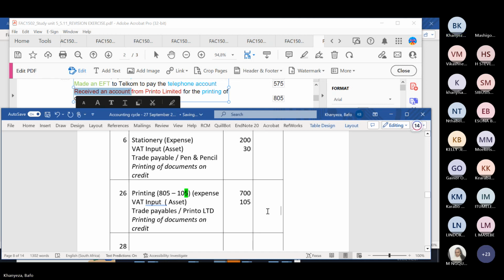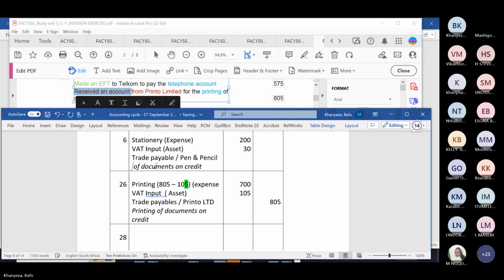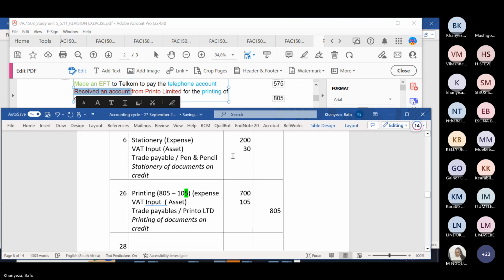We are about to reach that time. The narrations are important as well. This was printing of documents, this is stationery. In fact, the total trade and other payables was 280.